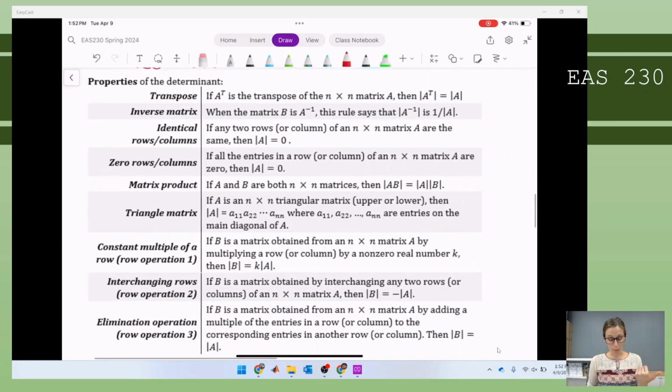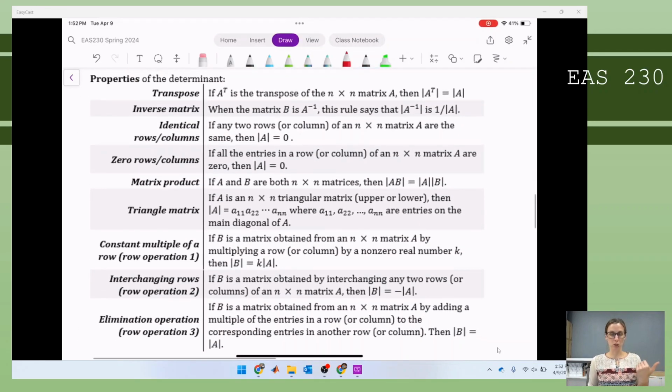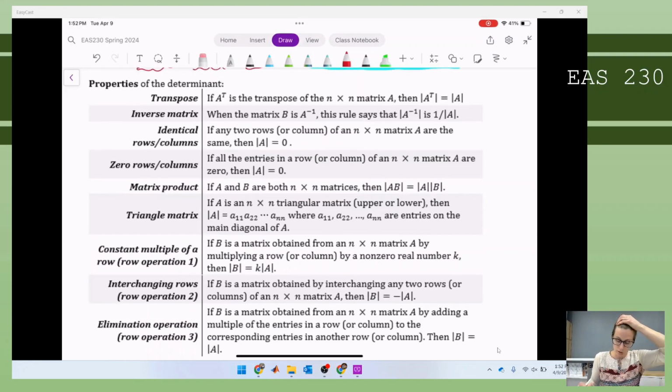There are quite a few properties of the determinant. So the determinant of the transpose is the same as the original matrix. The determinant of the inverse matrix is 1 over the determinant of the regular matrix. There's a couple things that tell us whether or not we might have determinants of 0. So if any 2 rows or columns are the same, then the determinant is 0.